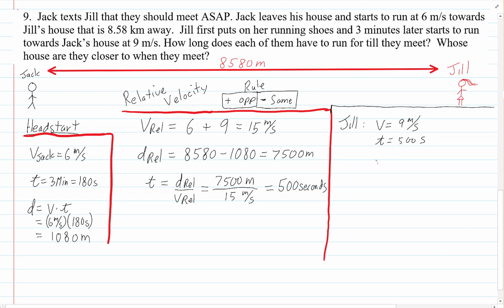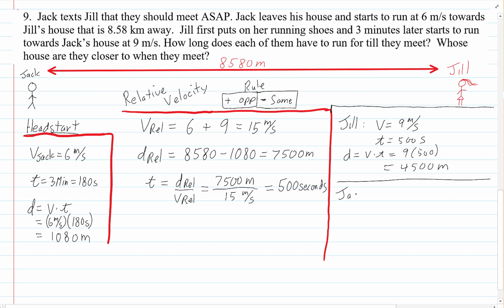So the distance that she ran, velocity times time, which is 9 times 500, is 4,500 meters. So she ran 4.5 kilometers. That's Jill.